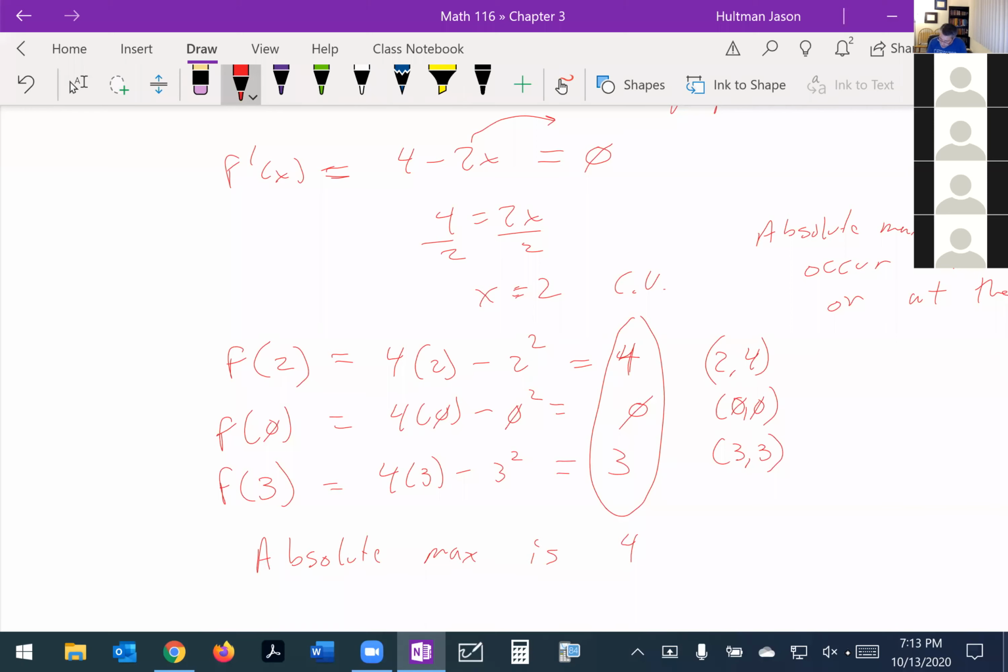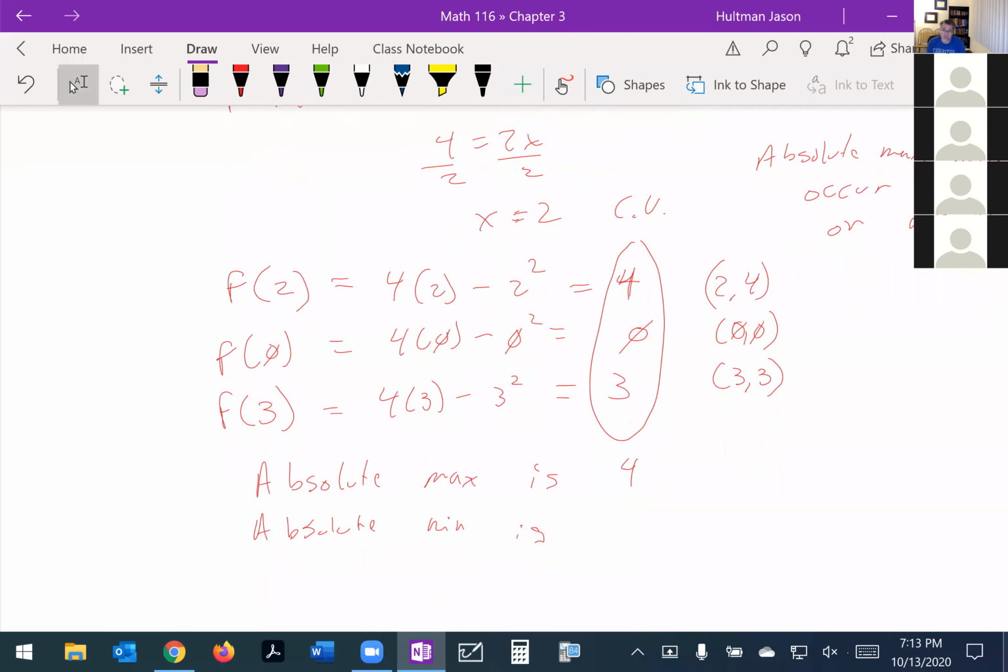What's the absolute min? It's 0. So this critical value did produce the absolute max, but one of the endpoints produced the absolute minimum. You're guaranteed on an interval to get an absolute max and an absolute min.